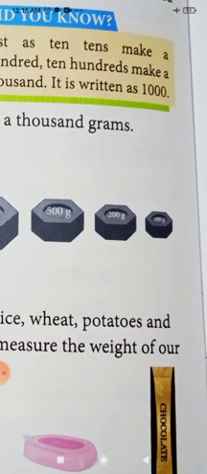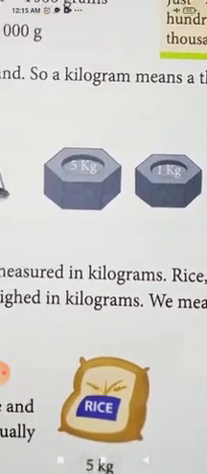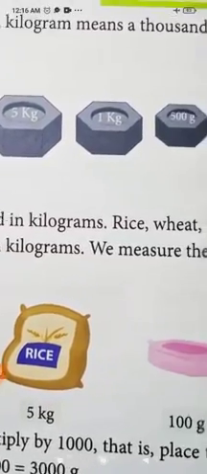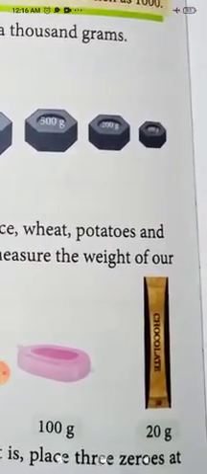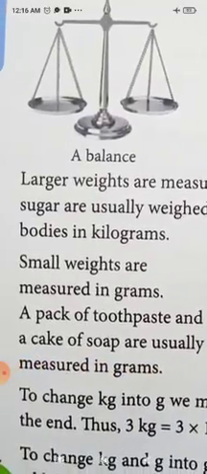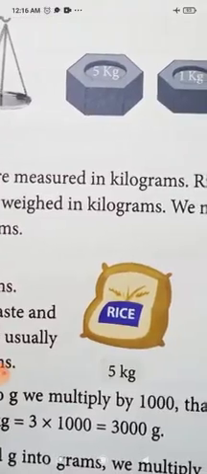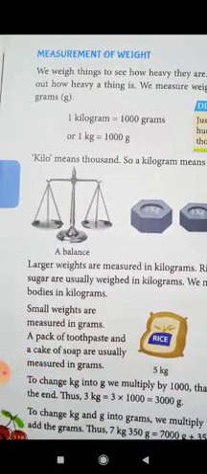Larger weights are measured in kilograms. Rice, wheat, potatoes and sugar are usually weighed in kilograms. So students, larger weights means things which are heavier, very heavy in weight, and these are measured in kilograms.